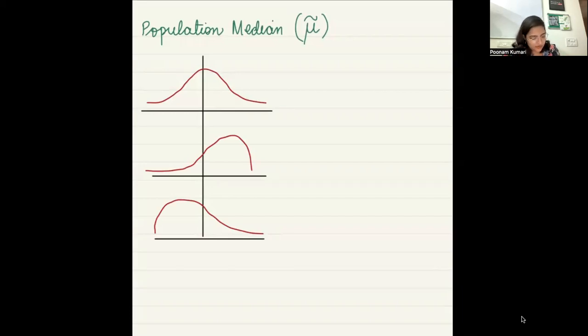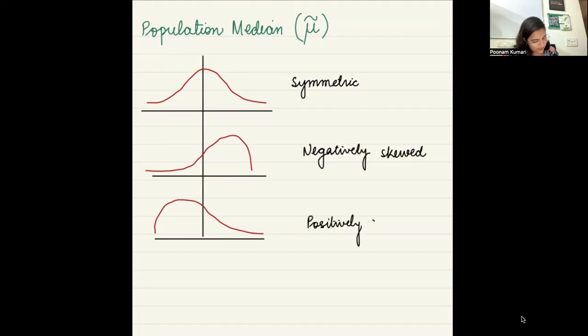Ma'am, first is symmetric. The second one is negatively skewed. And the third one is positively skewed. Perfect. So this is negatively skewed. This is symmetric and this one is positively skewed. Okay, all right.